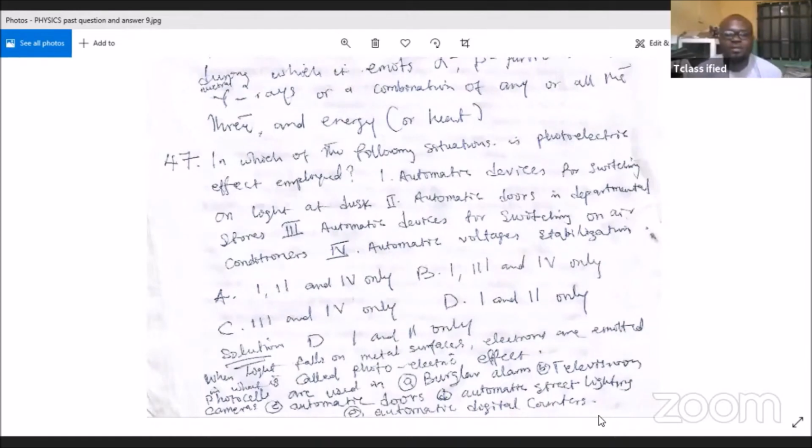They can also be used in automatic switching of light, street lighting, and in automatic digital counters. So those are where you can employ the photoelectric effect. With that, you can see option D captures 1 and 2, which are clearly where photocells that employ photoelectricity can be used.